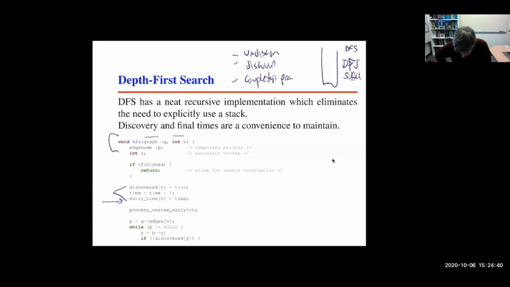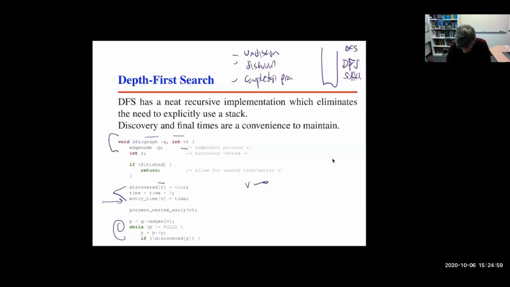We do a depth first search starting from V. That means we're going to mark V as discovered because we're going to search from it. Now, just like breadth first search, we're going to loop through all the outgoing edges from vertex V, okay?